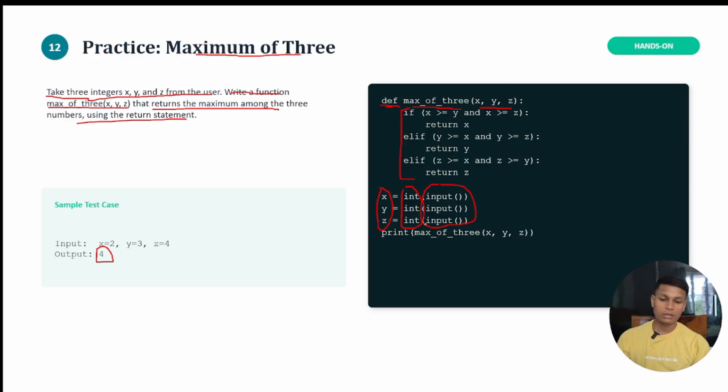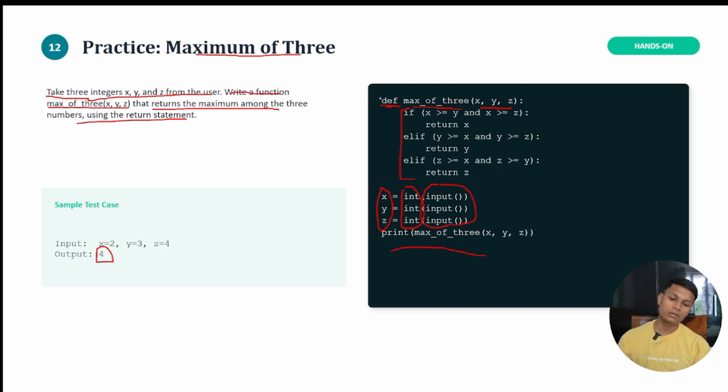So here you can see three variables, all of integer type, input from the user, and print the maximum of x, y, z. So how does the flow go? At the very first time it will print here the maximum of x, y, z. The value of x comes here, y here, and z here, and on this side the value of x goes to x, y goes to y, z goes to z.